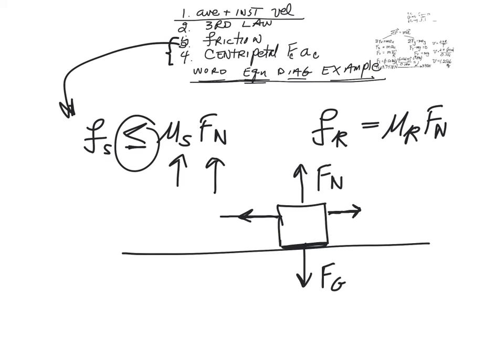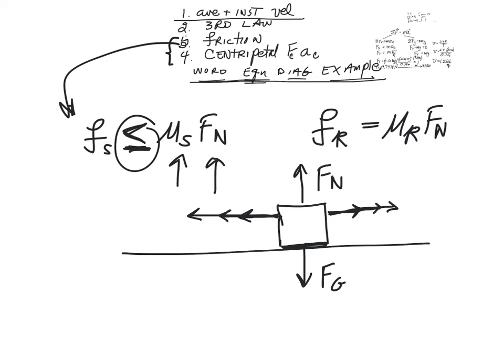And if I pull a little harder, still not pulling too hard, it still doesn't move. So that means the friction force got bigger. The friction force isn't just acting until I pull. Now at some point the force will get big enough where the friction force can't get that big. So that's the equal to.